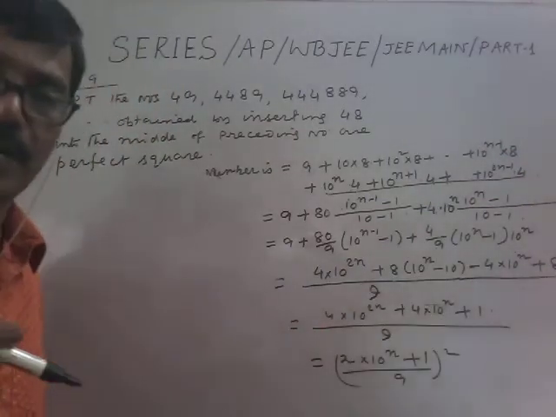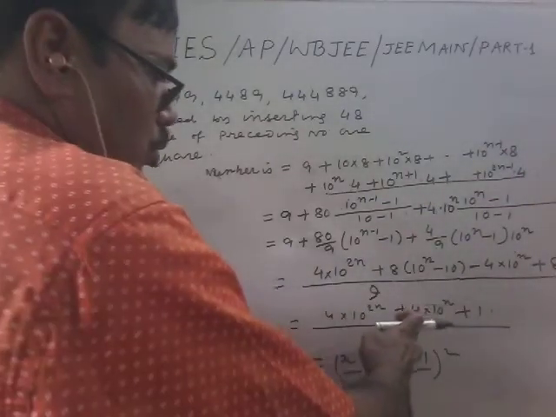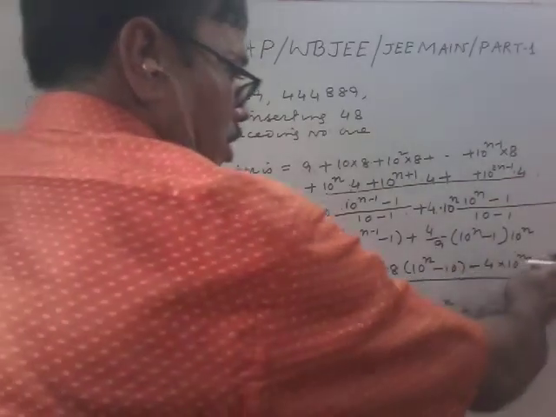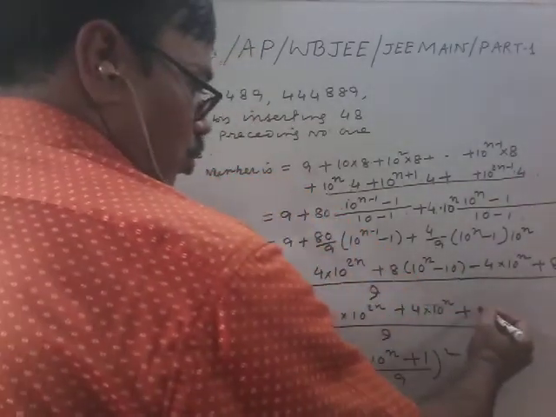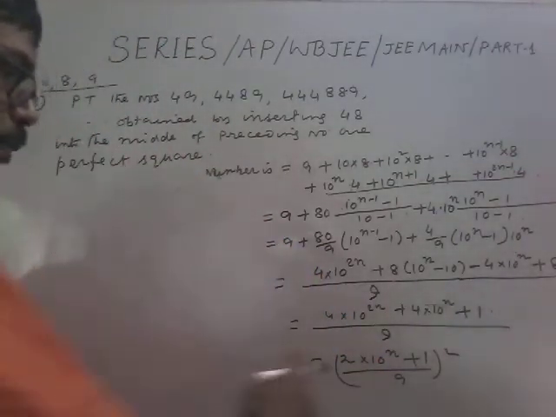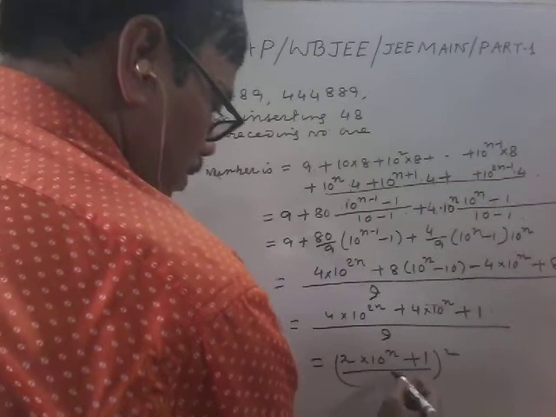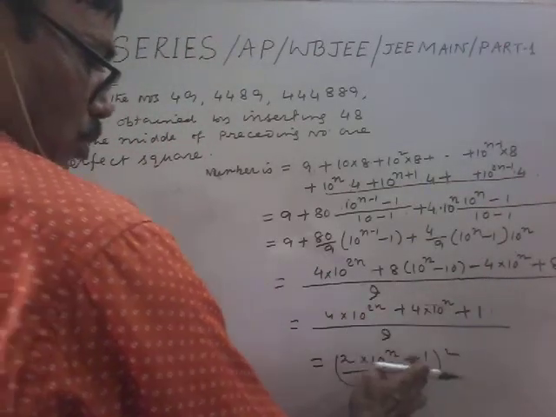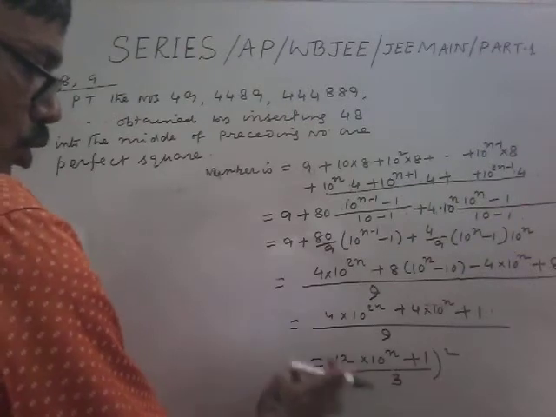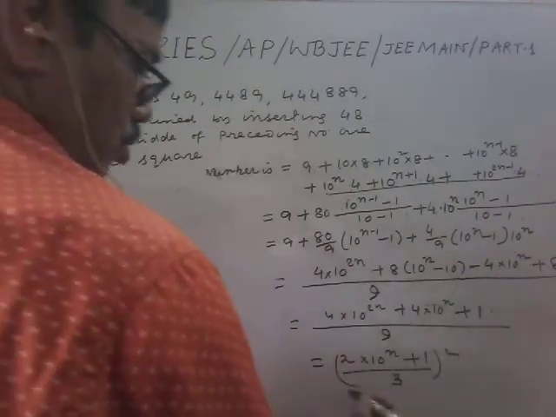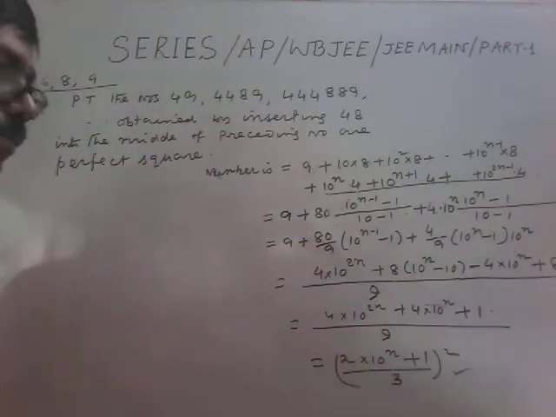So what are we getting? 4 into 10 to the power n, and this is minus 80, this is plus 81. So we are getting 1. So this is a perfect square. This is the perfect square of what? 2 into 10 to the power n plus 1, whole square. So this is a perfect square.